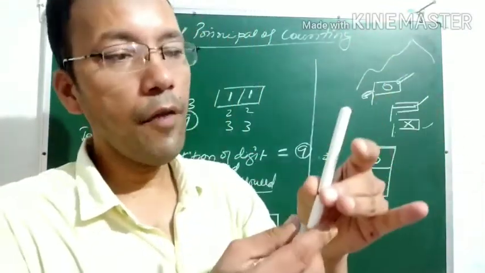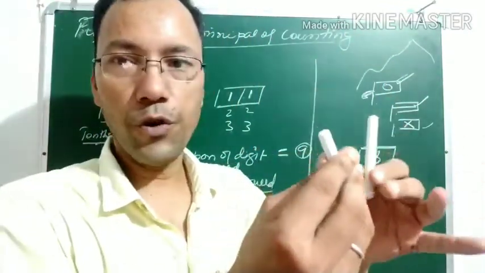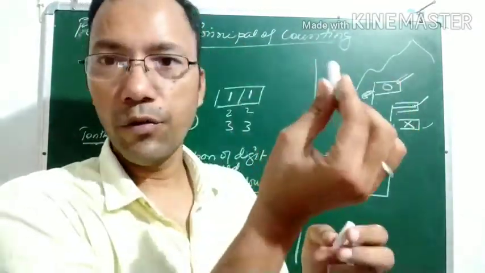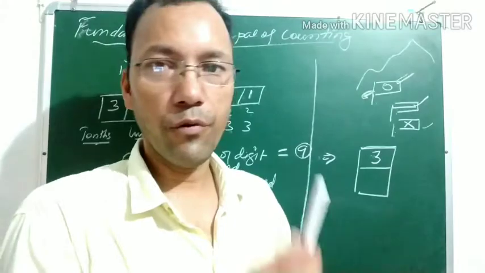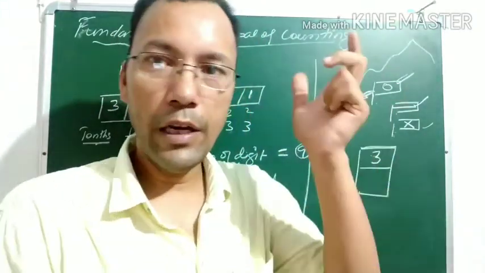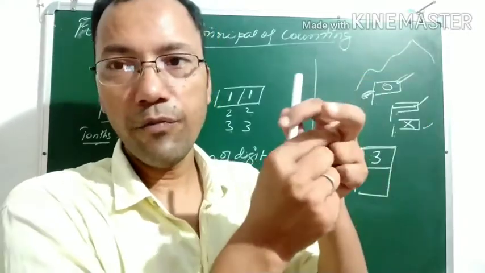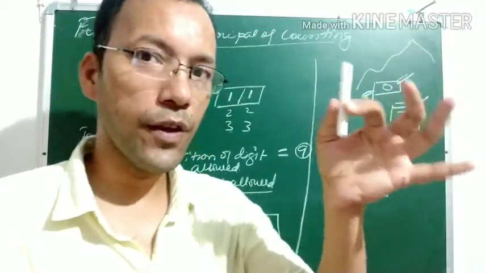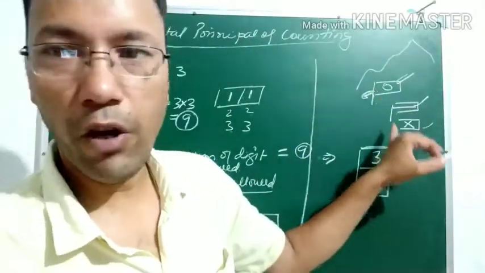See, I have 3 options for the first position. If I show any one first, then it is fixed now, right? So this chalk, that means this flag, has been fixed.